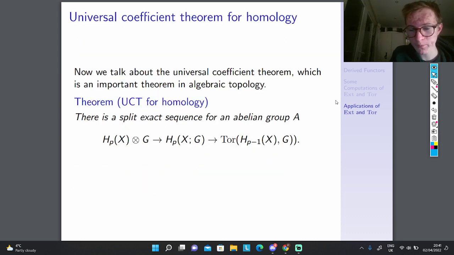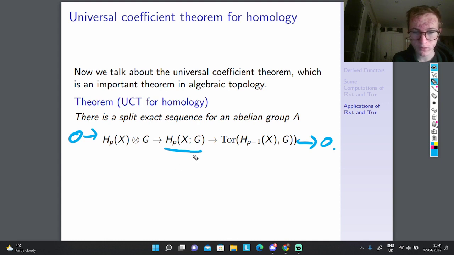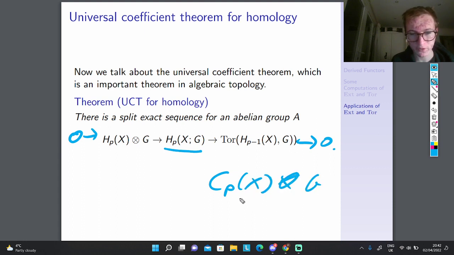Now, another place where it pops up is in algebraic topology when we're talking about the universal coefficient theorem, which is, I forgot to add the zeros on either side of this. The universal coefficient theorem is basically saying, when you're taking cohomology with coefficients in some group G, you do the chain complex like this, and then you tensor it with G, and you take the homology of that instead.